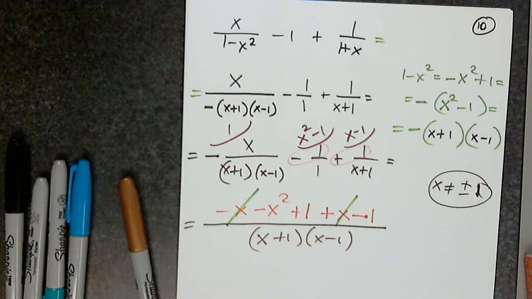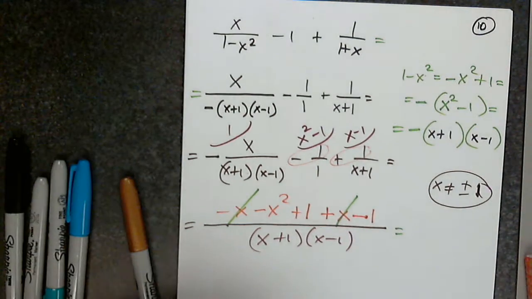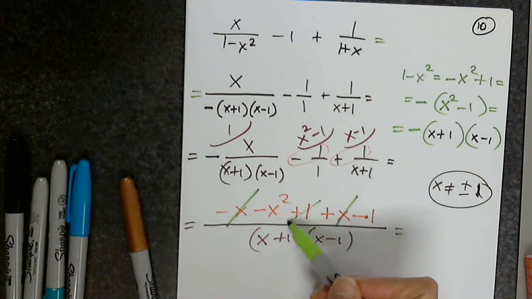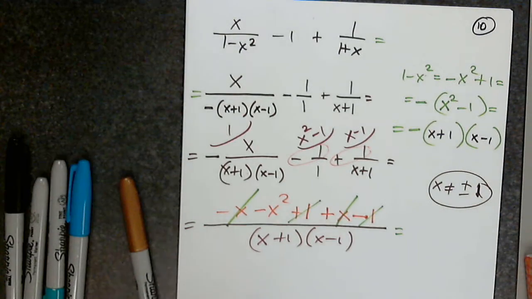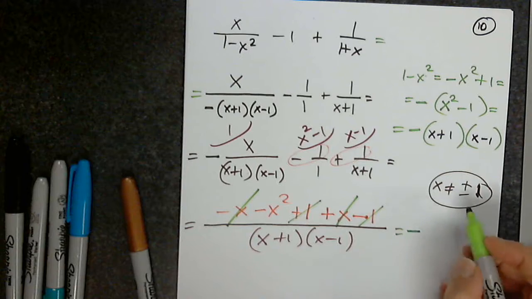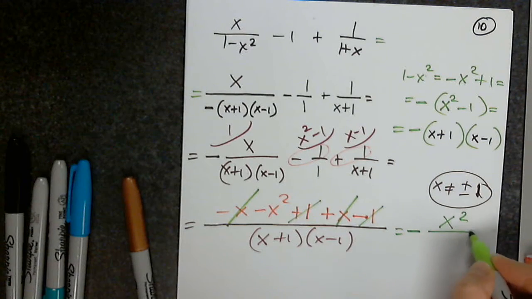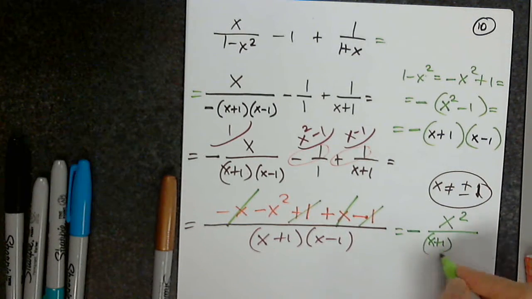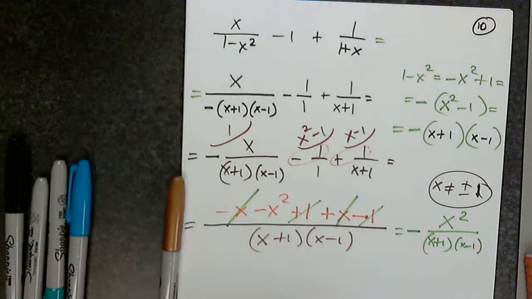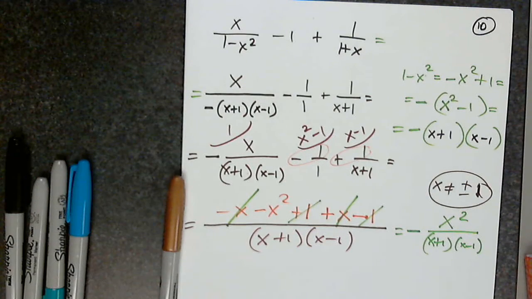I cross them out because negative x plus x is 0. I'm not simplifying with anything in the denominator. So then what is left at the top? And yes, I just realized. So then I have negative, just x squared at the top over x plus 1 times x minus 1. We want the denominator to be factored. So leave it alone as is.